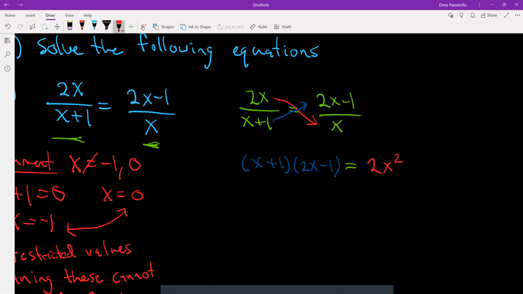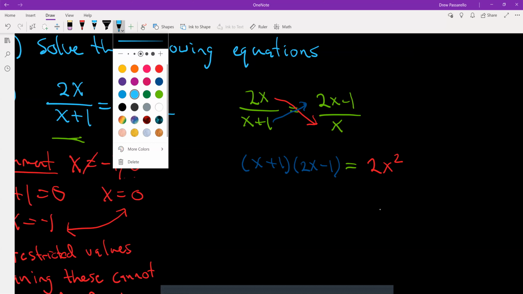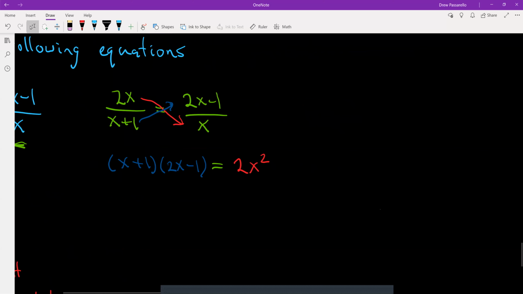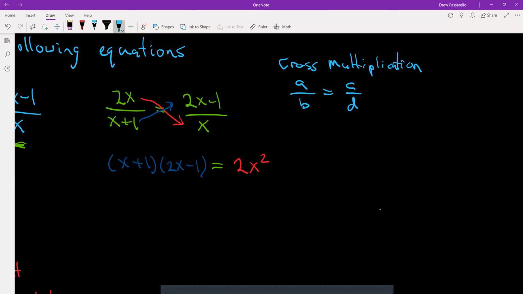I just did cross multiplication. Anytime I have a fraction a over b equals c over d, you can cross multiply, and it'll turn into a times d equal to b times c. That's only when I have a fraction equaling another fraction that's valid.